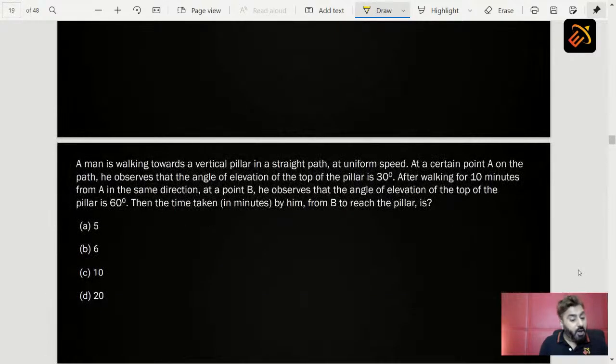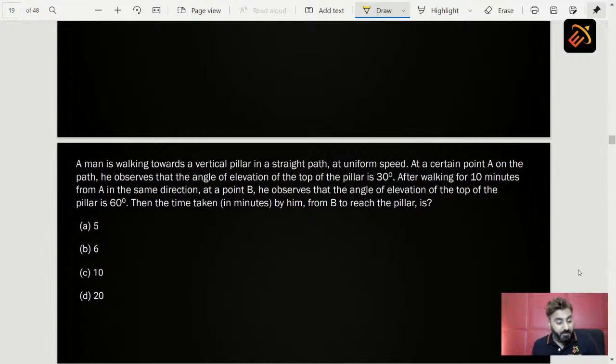Now, moving on to the next MCQ. Our next MCQ is what? A man is walking towards a vertical pillar in a straight path at uniform speed. At a certain point A on the path, he observes that the angle of elevation of the top of the pillar is 30 degrees.